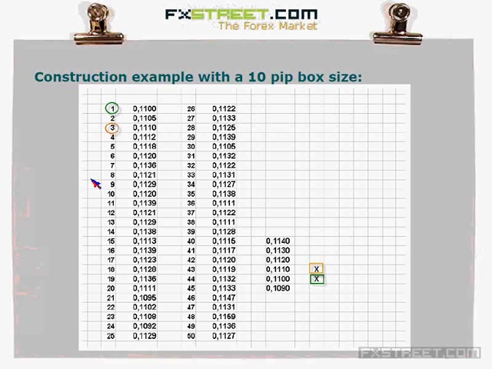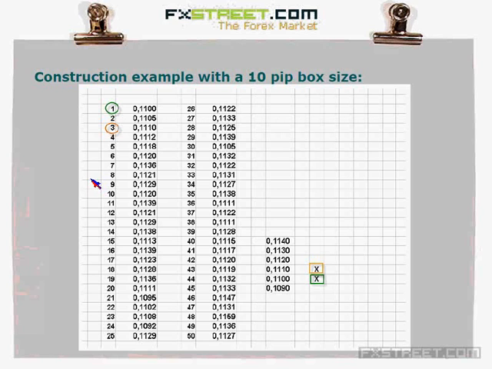move to the next tick price. We see that it is 1105, and so there is a 5 tick increment, and since the 5 tick increment has not reached our 10 pip box size, we ignore that price. So price number 2 in that case is ignored.